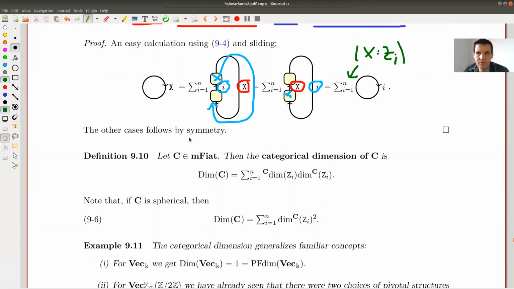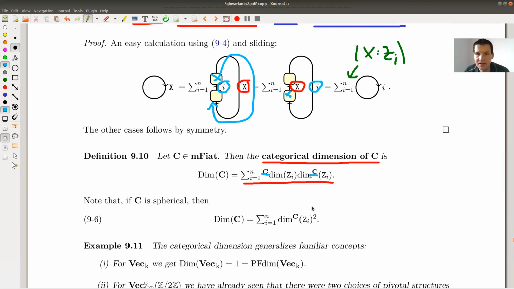What you would like to do is have another invariant of a category, and it makes sense to define it to be the categorical dimension. So the dimension of the category is basically the sum of the squares of the dimensions of the indecomposables. Not quite, because you have left and right.